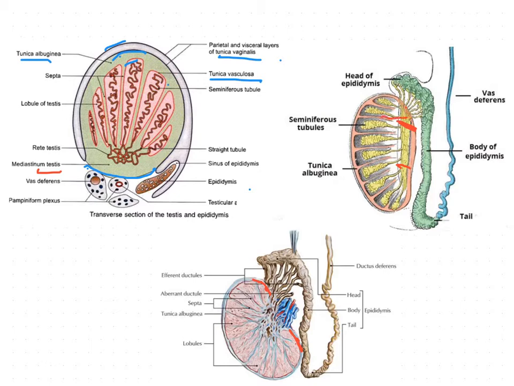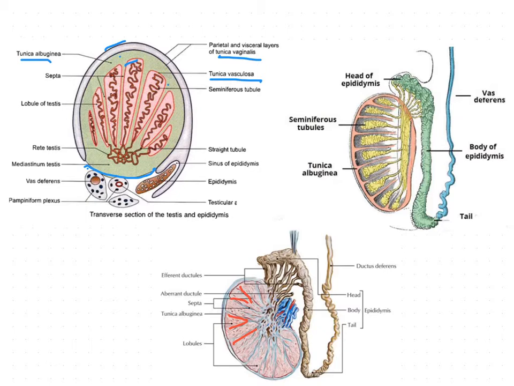So you can find the numerous septa extended into the inner surface of the tunica albugina. Here you can also find the septae in this picture. Yes, so these are the septae, and they incompletely divide the testis into 200 to 300 lobules.